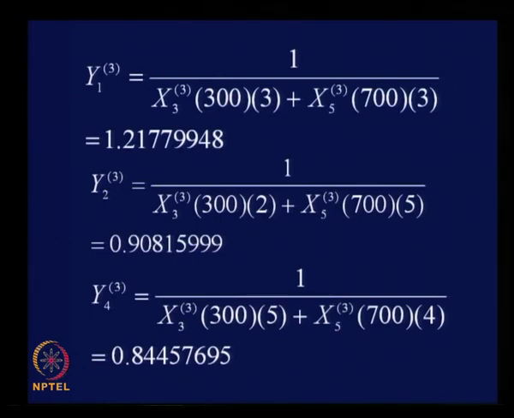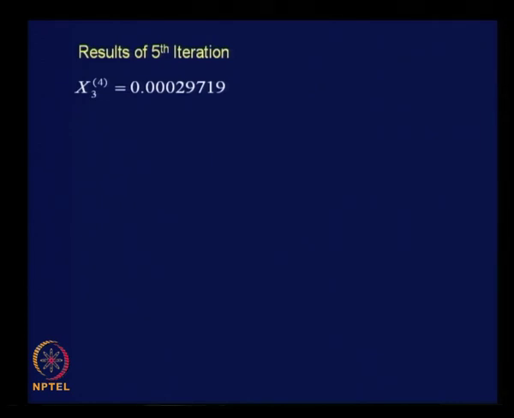On completion of the fifth and sixth iterations, you may get a set of values for the xi's and yj's. I will just show you the result of the fifth and sixth iterations.